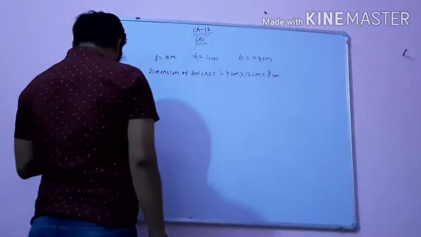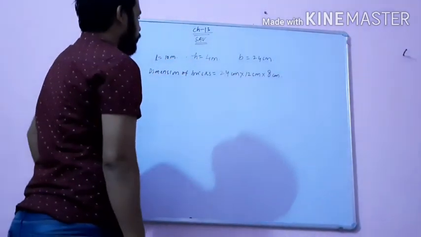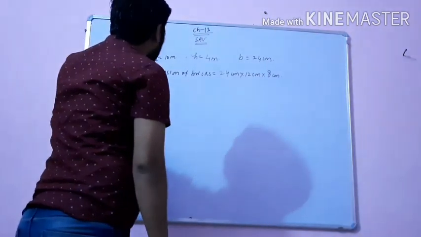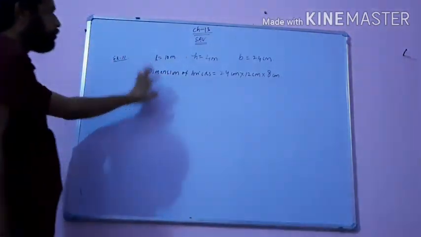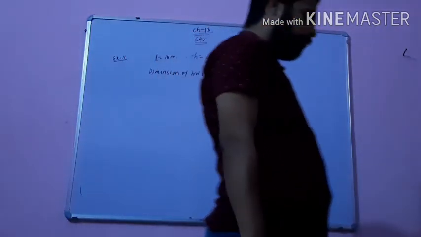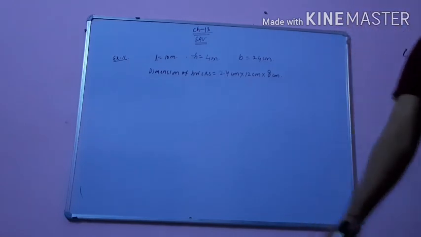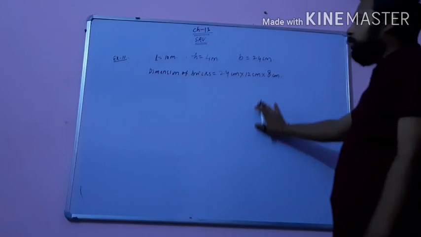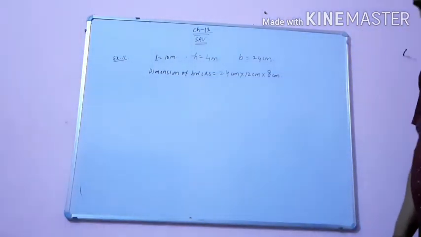Now listen here, in this question we have to build a wall whose length is 10 meter, height is 4 meter, and breadth is 24 centimeter. And the wall is made of bricks whose dimensions are 24 centimeter, 12 centimeter, and 8 centimeter. Now we have to find the number of bricks.